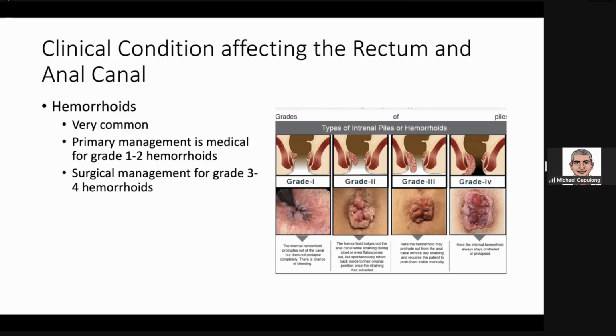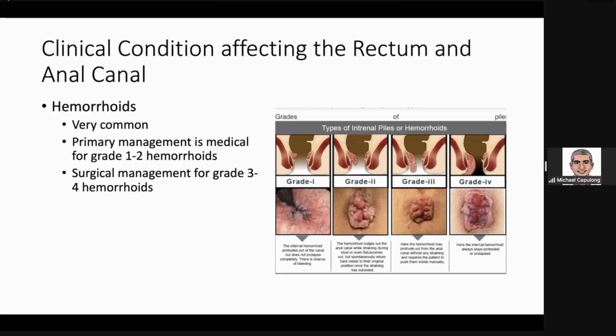Second degree hemorrhoids, your hemorrhoidal venous plexuses prolapse with straining, meaning you will see a visible mass going out of the anal opening, but it is reduced spontaneously, meaning the mass goes out and subsequently goes in without doing anything.